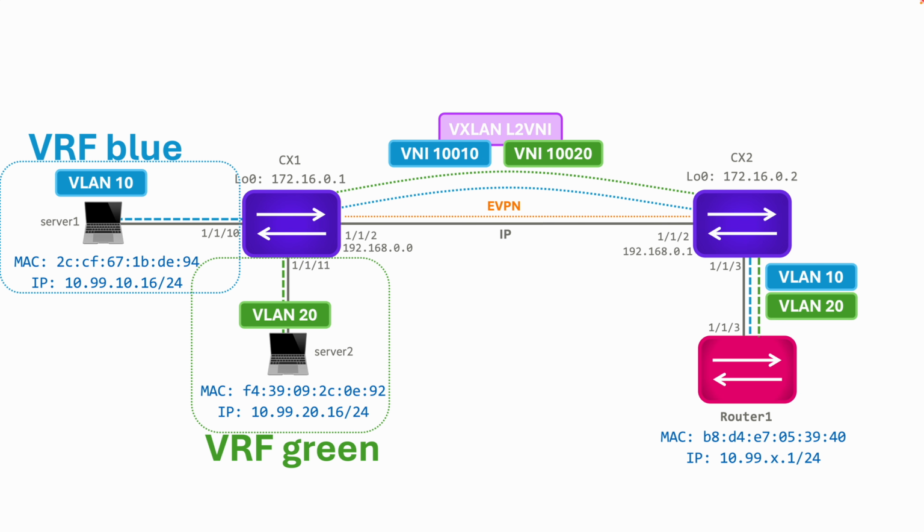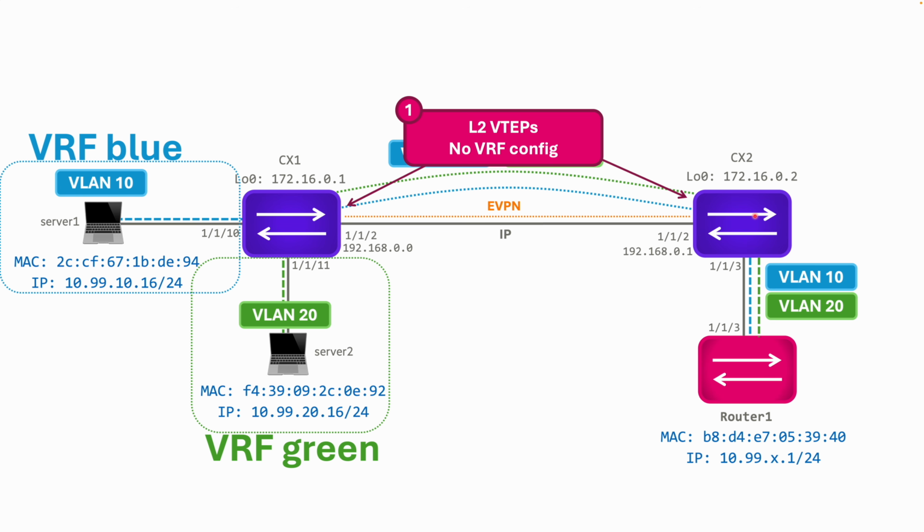Now, you'll be forgiven for thinking, looking at the way that I've illustrated this, that the configuration of the VRFs would be on CX1 here or maybe on CX2, but actually we don't have to touch the config of these two devices at all, and the reason for that is that they are layer 2 VTEPs. Now, a VRF does not get attached to a VLAN directly.